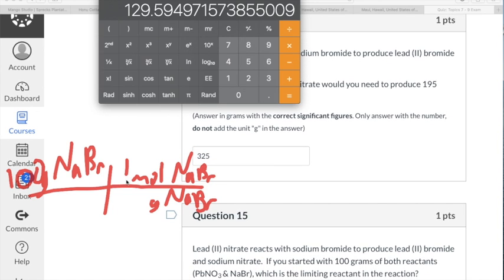I'll just write in all my units before I worry about my numbers. And then just make sure you're choosing the same product. It doesn't matter which product, but I chose last time moles of PbBr2.